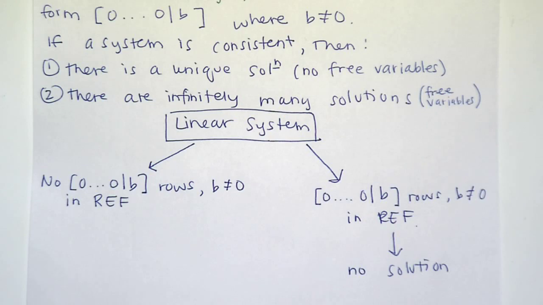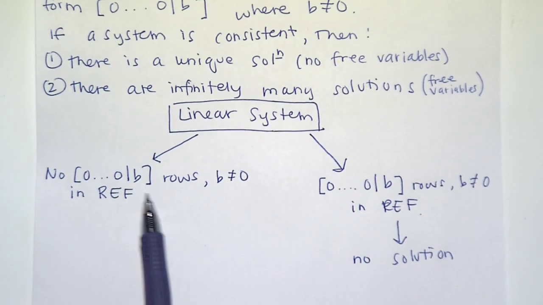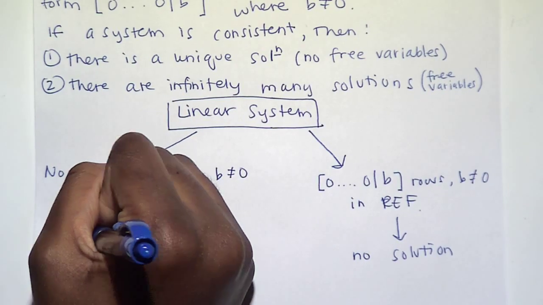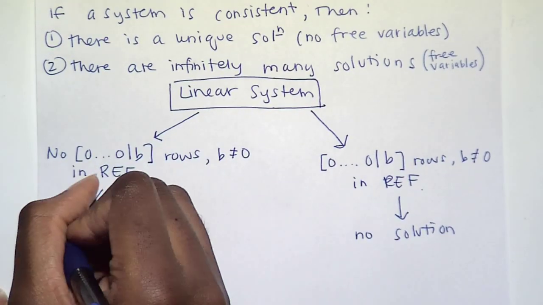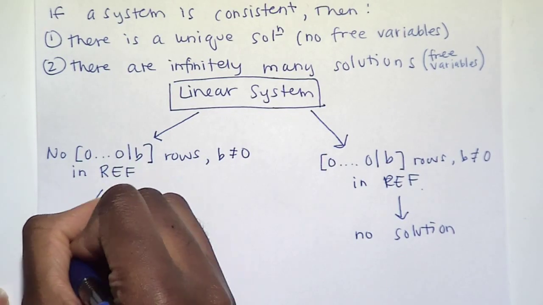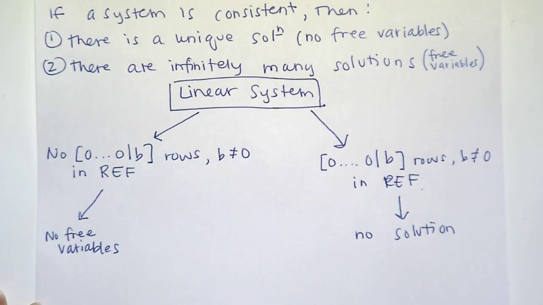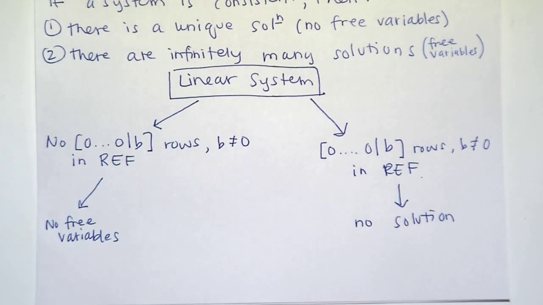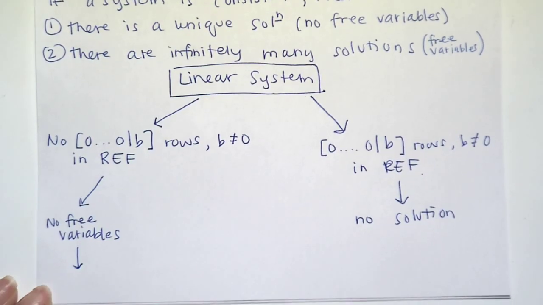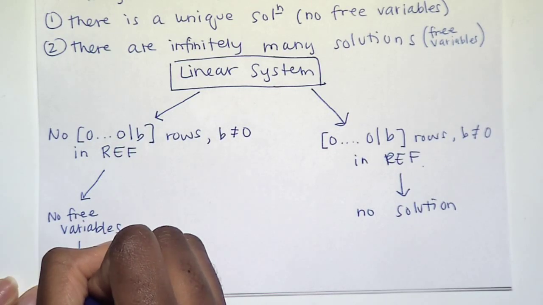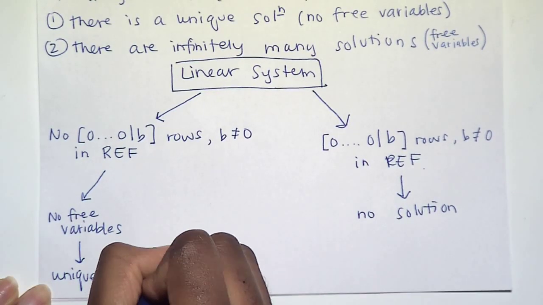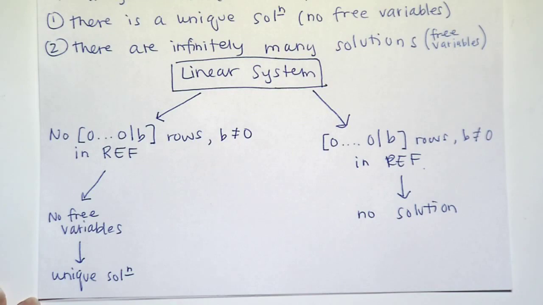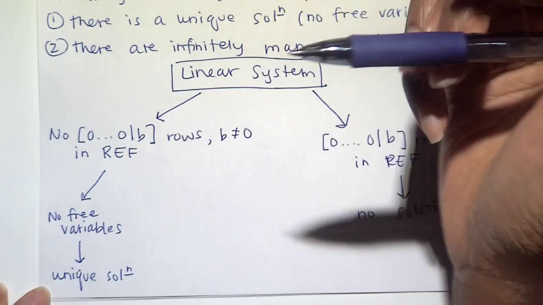But if we are consistent and we don't have a strange row like this, then we have two more options. One, maybe we don't have any free variables. And when we don't have free variables, how many solutions will we have? No free variables means we're going to have a unique solution. All right, back up here, we're consistent.